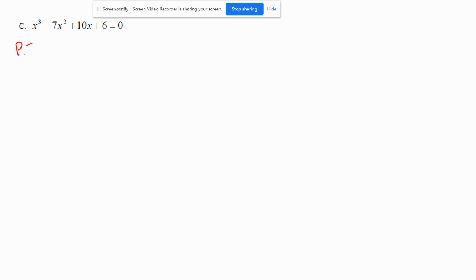Okay, so similar idea for this guy over here. Our potential integral zeros are plus or minus 1, 2, plus or minus 3, or plus or minus 6. I'm just going to do this on my calculator here, guys. I'm just going to start plugging in values until one of them works.